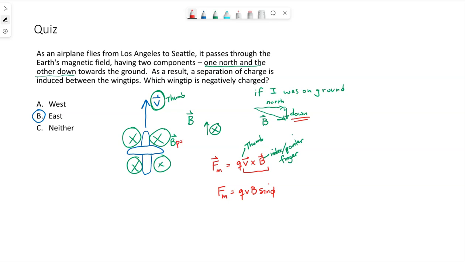So I have my thumb parallel to my screen towards the top of the screen, and my index finger pointing at the screen as if it's pointing inwards. When I do that, my middle finger ends up pointing this way.